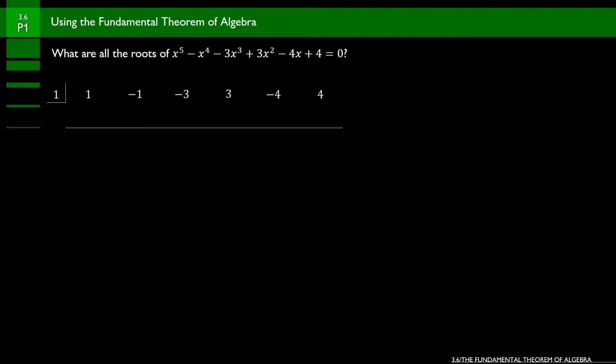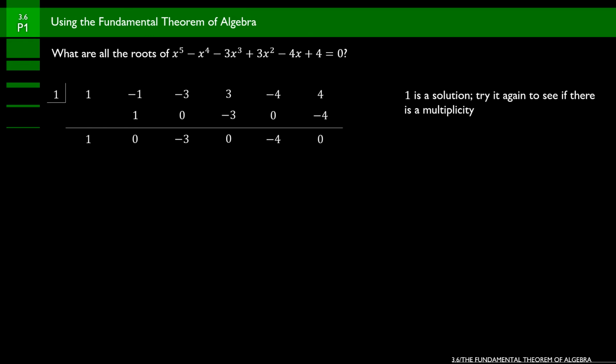Then bring down the 1, multiply by 1, you get 1, add, you get 0, multiply, 0, add, you get negative 3, multiply, you get negative 3, add, you get 0, multiply, you get 0, add, you get negative 4, and then multiply again, you get negative 4. And what we'll see is 4 minus 4 is 0, so we're left with no remainder. This tells us that 1 is a solution.